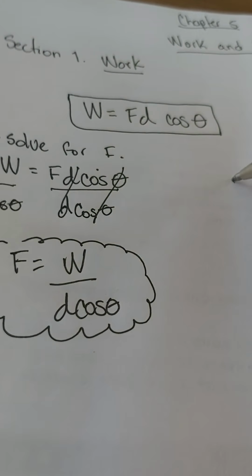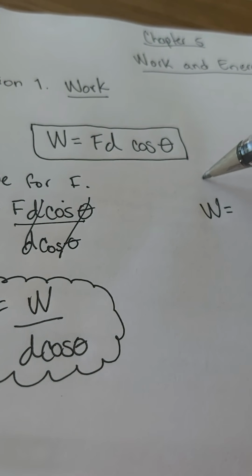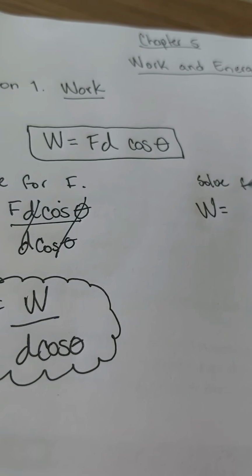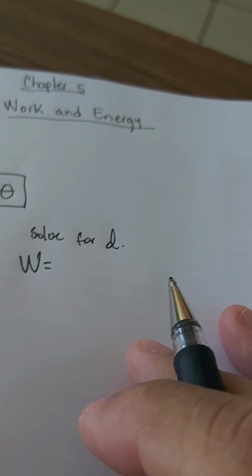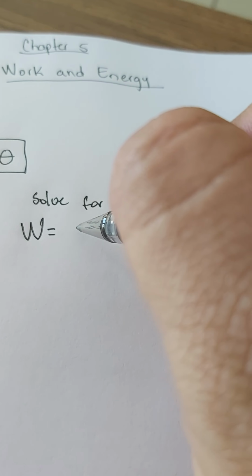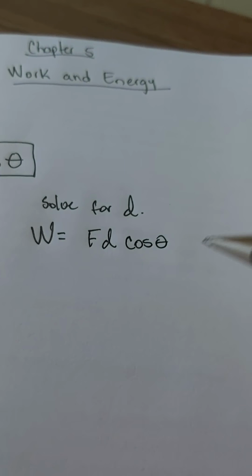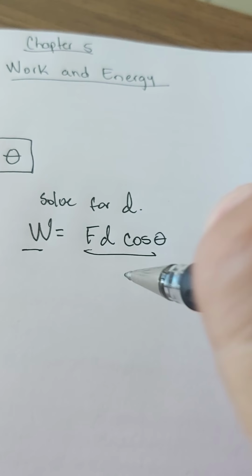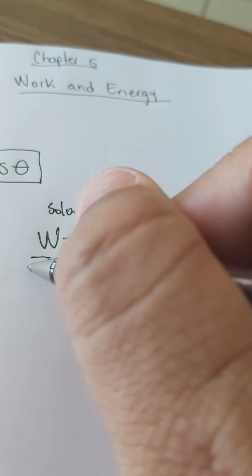Now what about if we are looking for displacement? Solve for D. So if we want to solve for D, work equals force times displacement times cosine of theta. We divide both sides of the equation by force cosine of theta.